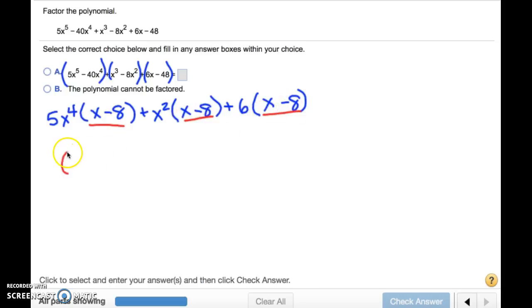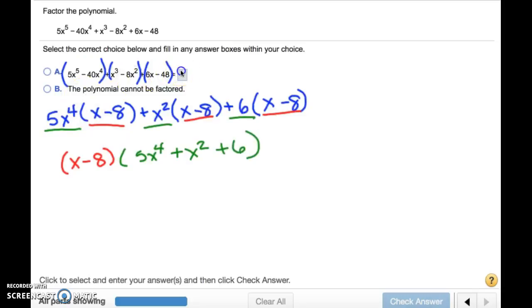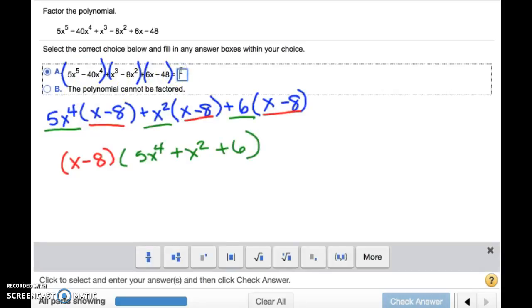So I'm going to write x minus 8 one time. And then my other set of parentheses is going to have 5x to the 4th plus x squared plus 6. And so that's what I'm going to enter into this box.